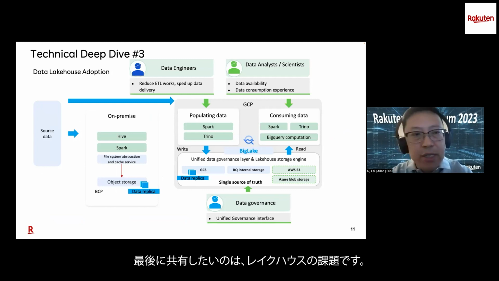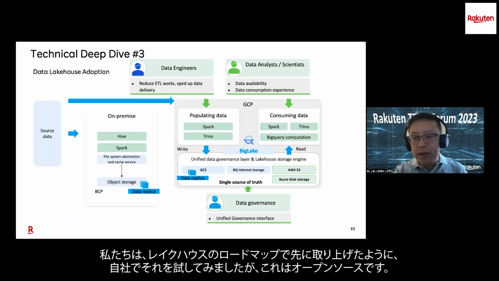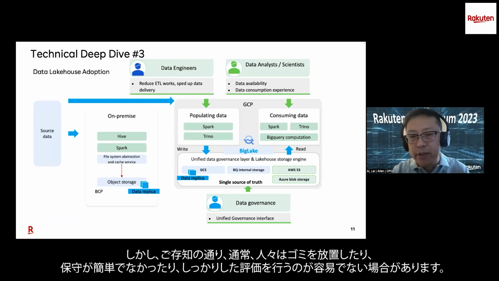The last challenge I'd like to share a little more about is the lakehouse challenge. As we covered earlier, during our roadmap evolution, we tried the data warehouse. We know it is good for better performance and structure.